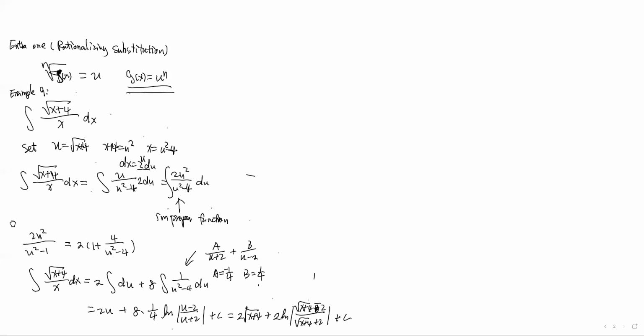Okay, so finally, let's summarize the partial fractions. First, we have a function f(x) equals p(x) over q(x), right? Case 1: f(x) is improper.